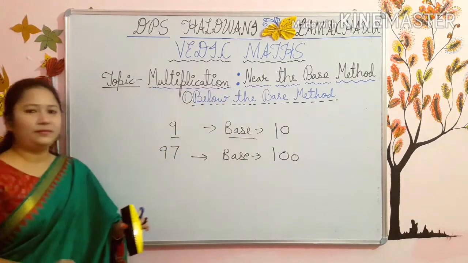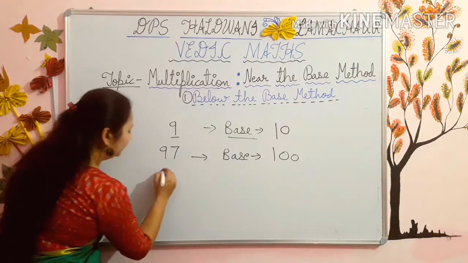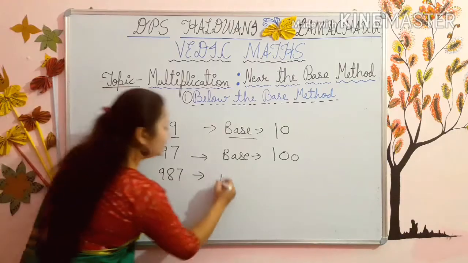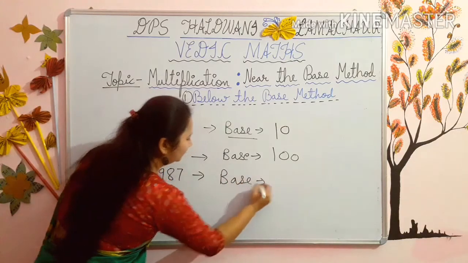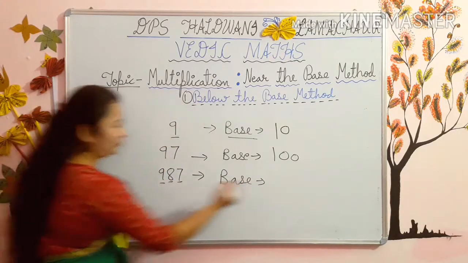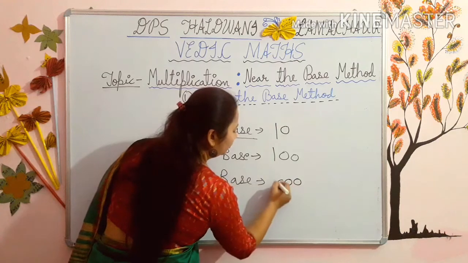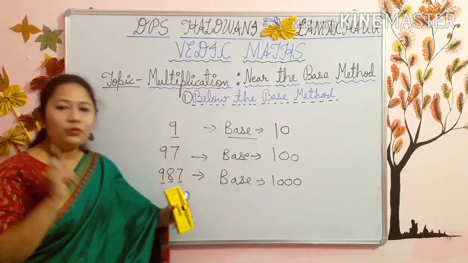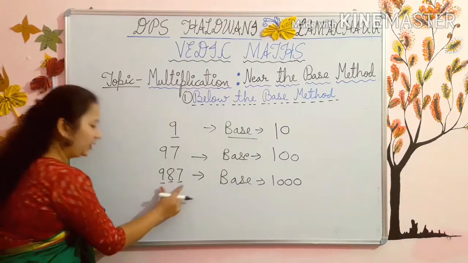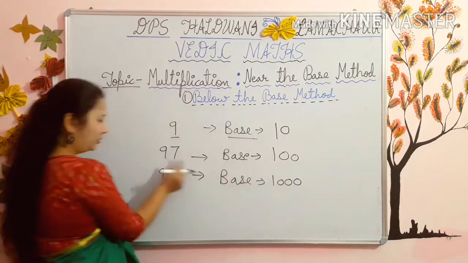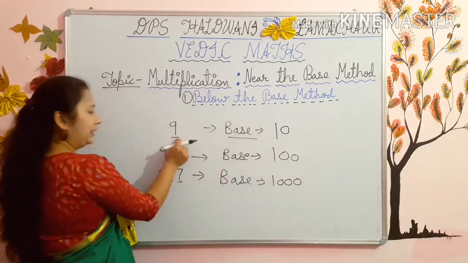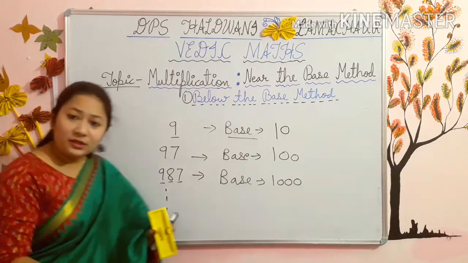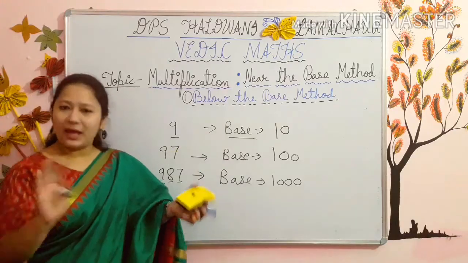If your number is a three digit number, your base will be 1 and 3 zeros. Don't count the 1 with the zeros. 3 digits, 3 zeros. 2 digits, 2 zeros. 1 digit, 1 zero. And it will go on as it is. If 4 digits, then 1 and 4 zeros.